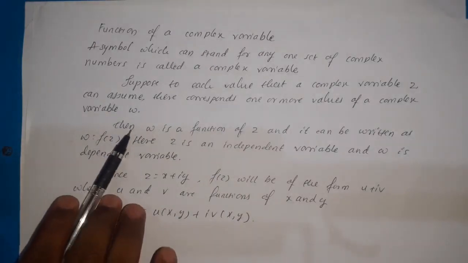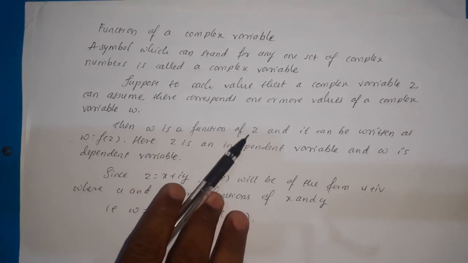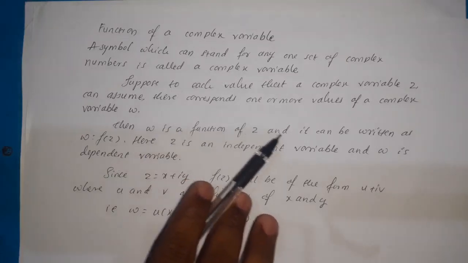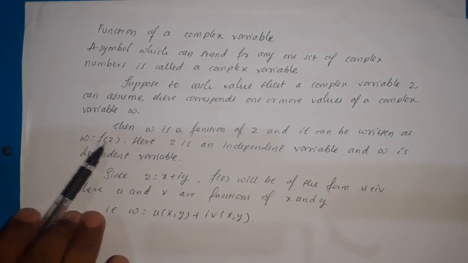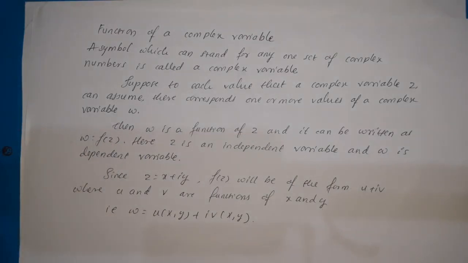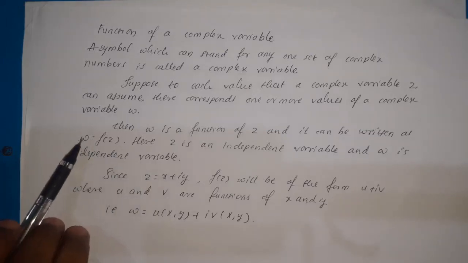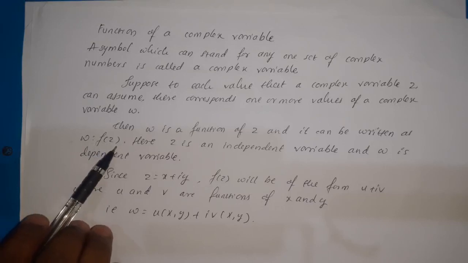Then w is a function of z, and it can be written as w is equal to f of z. Similar to Cartesian functions, where y is equal to f of x, in the case of the complex plane, w is equal to f of z.